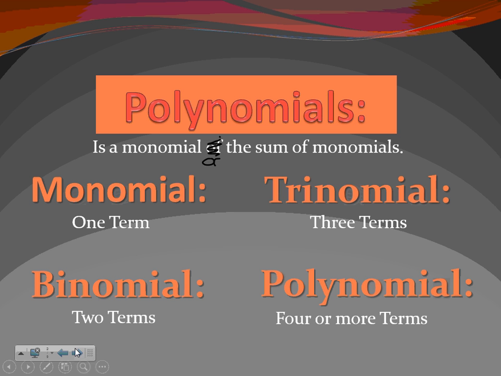Do you understand that? A binomial is a polynomial, but because it has two terms, you can get a little more specific with it. Okay? Same thing with trinomial. You don't see 4, 5, 6, 7, 8 terms a lot, so they don't have special names. You just call them polynomials. Does that make sense?